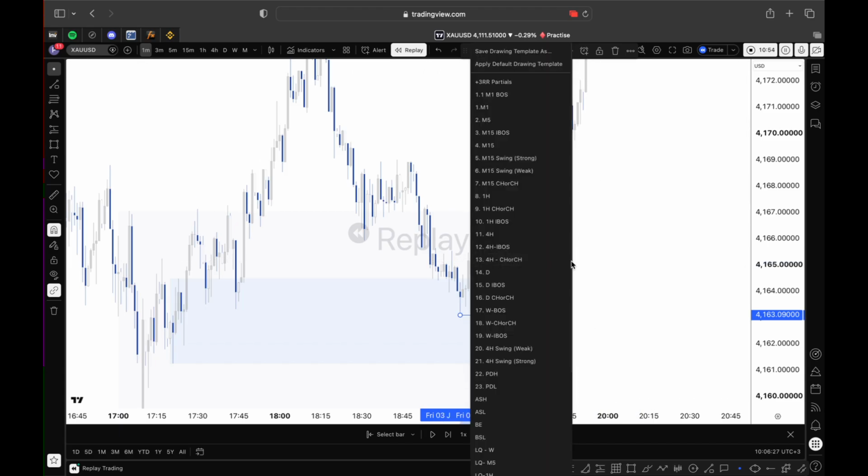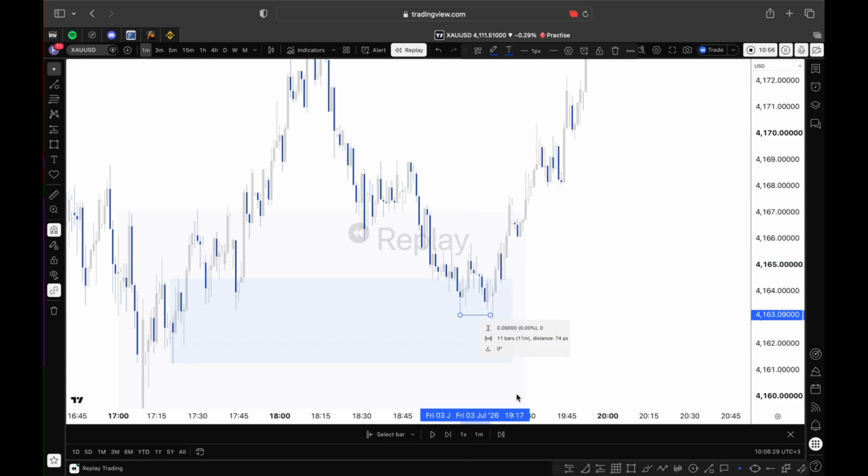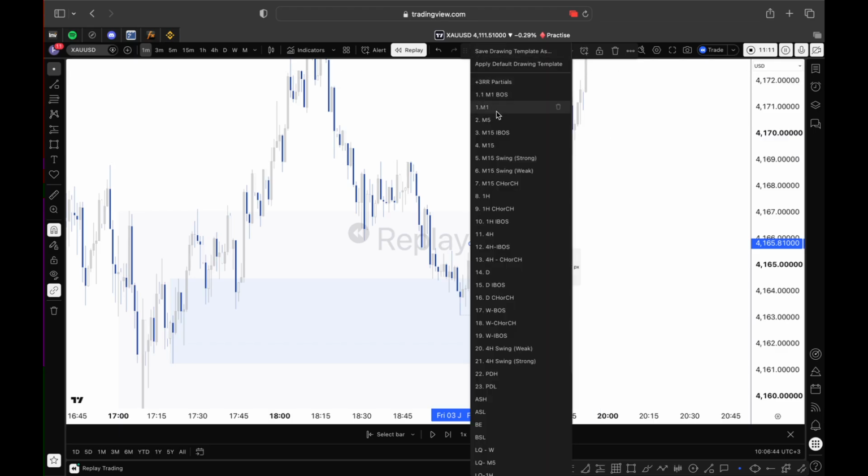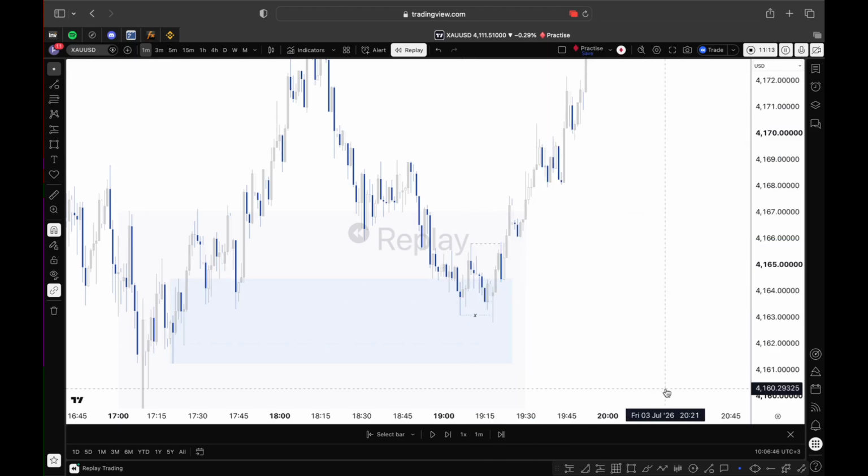We had that liquidity sweep, immediately aggressive momentum, giving a clear market structure shift there.